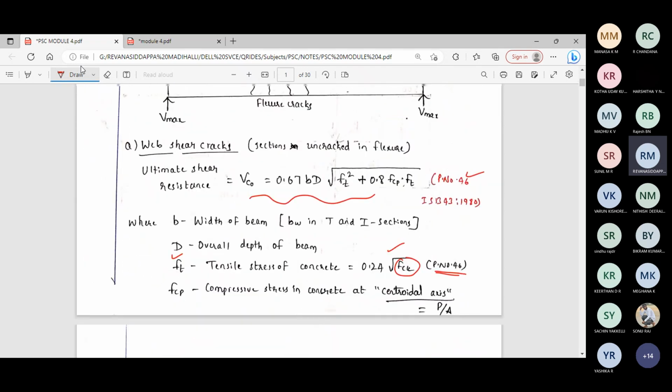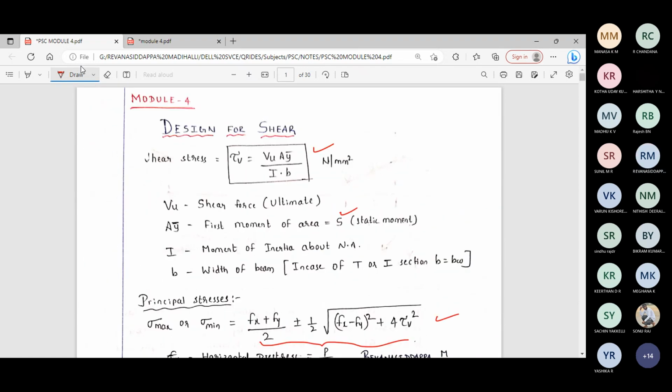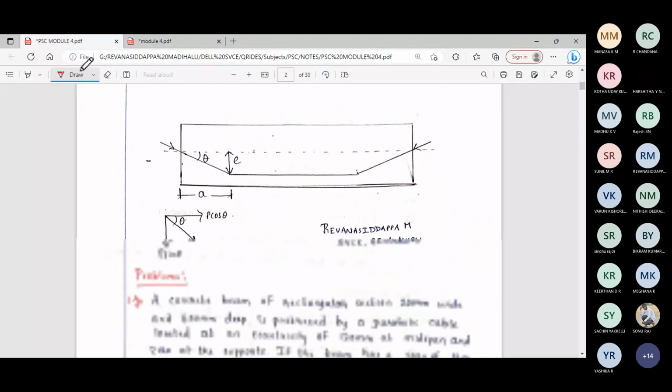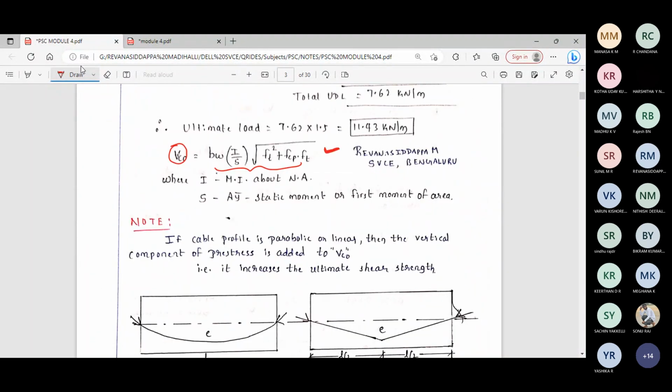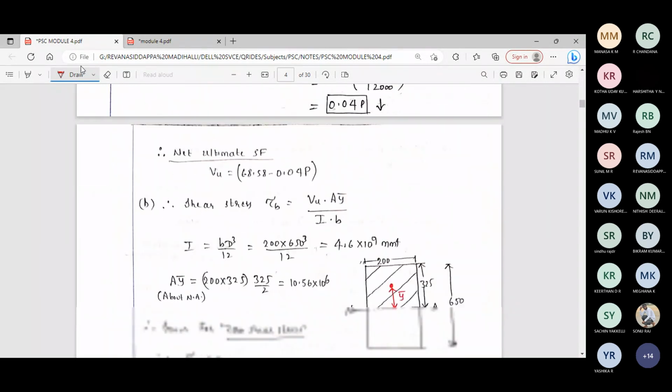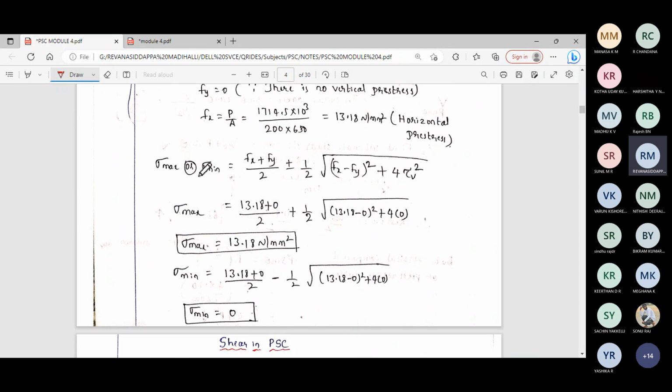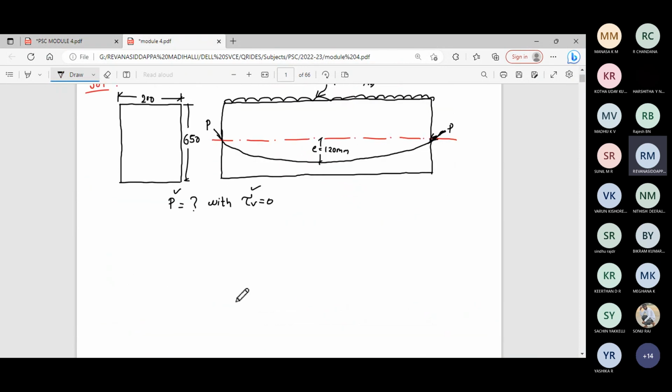Here I have shown the formula for the principal stresses we need to find. Sigma max and sigma min we have to find. This is the second question.